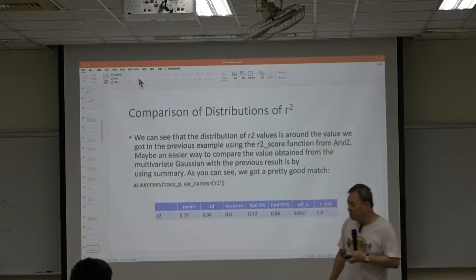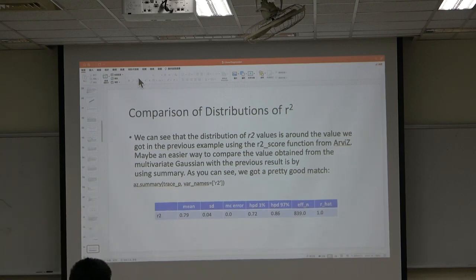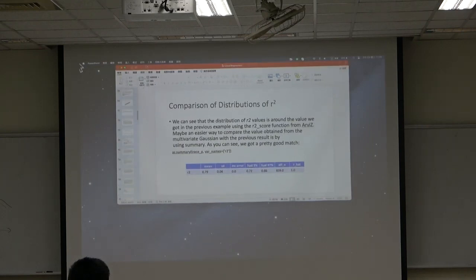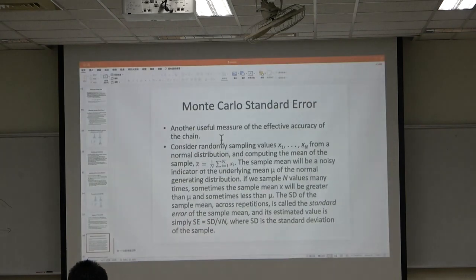If you are interested, you can check out the meaning of this field.